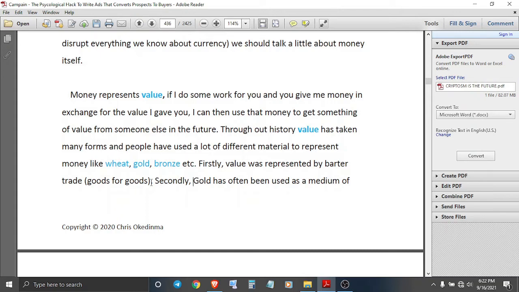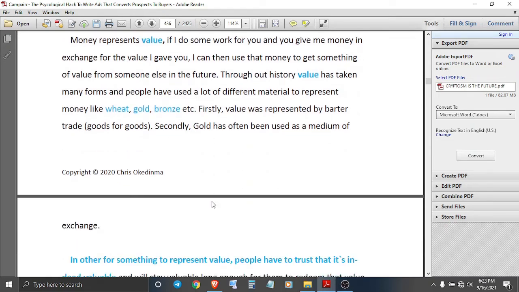So then gold exchange and bronze was initiated. Secondly, gold has often been used as a medium of exchange. Gold has represented money several times, I think up to now, though it doesn't represent money now, it represents an asset. But after the barter trade, gold, bronze, silver, and these precious metals have been used as a medium of exchange.